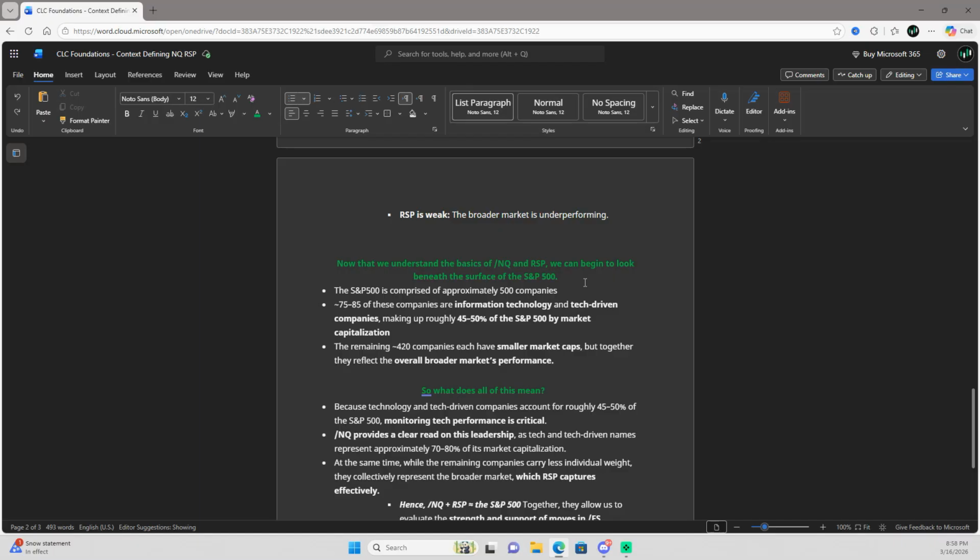So the S&P 500 is comprised of 503 companies. Roughly 75 to 85 of those names are information technology and tech-driven companies.